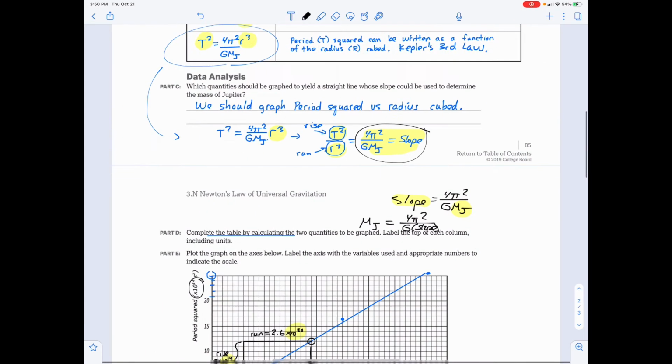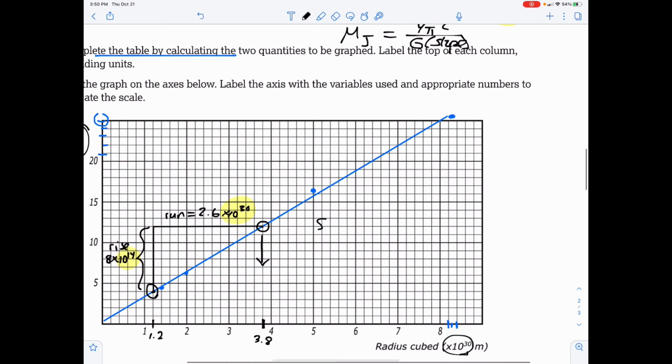So let's figure out what your slope is. The slope is going to be about, in my case, 8 times 10 to the 14 over 2.6 times 10 to the 30. All right, so 8 times 10 to the 14 divided by 2.6 times 10 to the 30, and we get approximately 3.08 times 10 to the negative 16. So that's what the slope is, right?